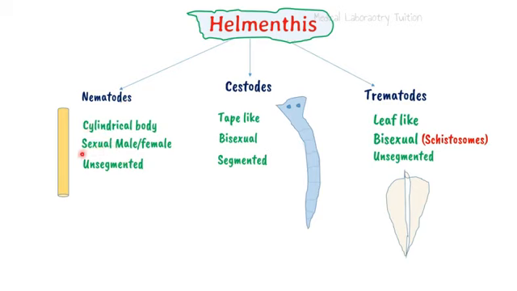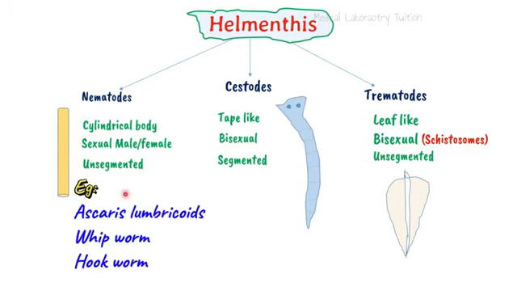We have a male nematode and a female nematode, and they are unsegmented, as you see, whereas in the case of cestodes we have a line in between the cells, okay. But in nematodes we can't see this segmentation. Basically, segmentation means division of the body. Examples of nematodes are Ascaris lumbricoides, then we have whipworm and hookworm. These come under nematodes.